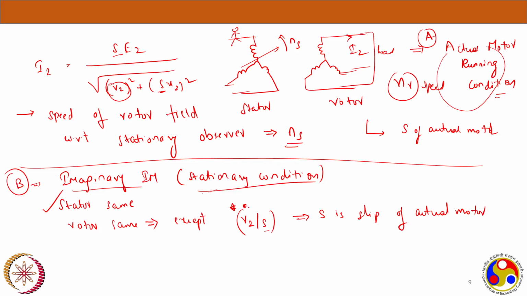I will manually calculate the S and I will manually make my rotor resistance R2 by S. So if you see the equivalent circuit for this, my stator is the same. Now if you look at the rotor side, my rotor is locked. I have short circuited it.